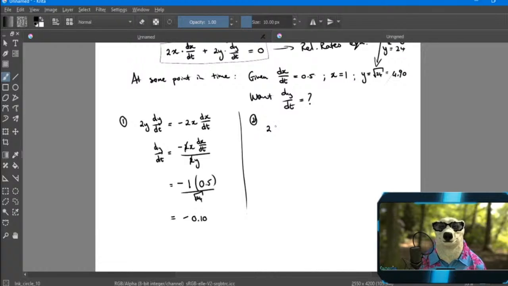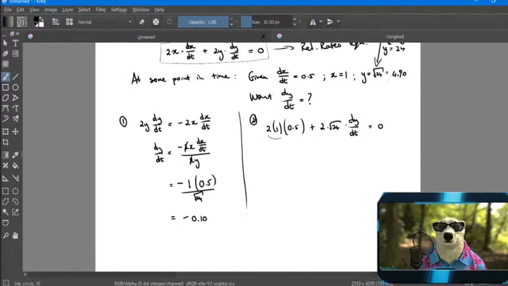I have x, which is 1 in this case. I have dx dt, which is 0.5. I have a plus 2. Y is root 24. And then I have my missing dy dt equal to 0.